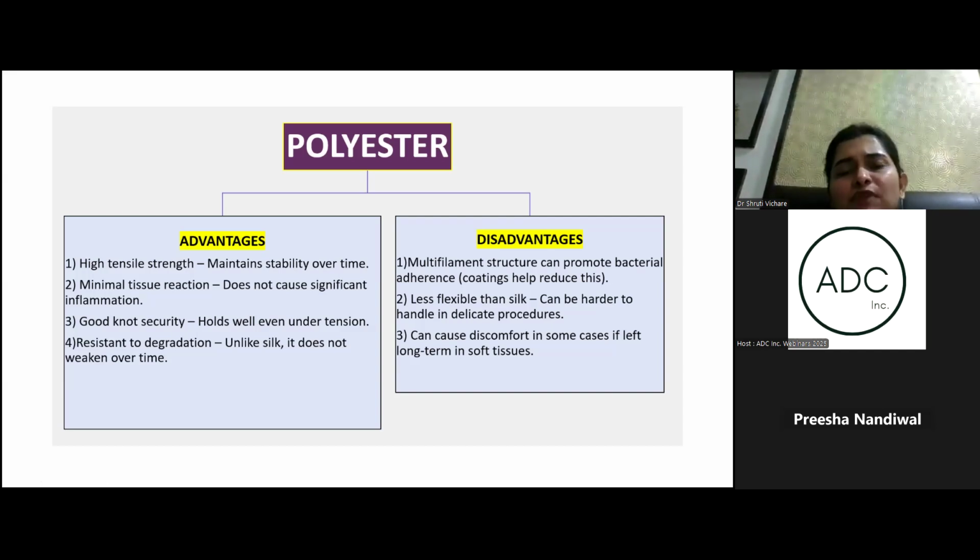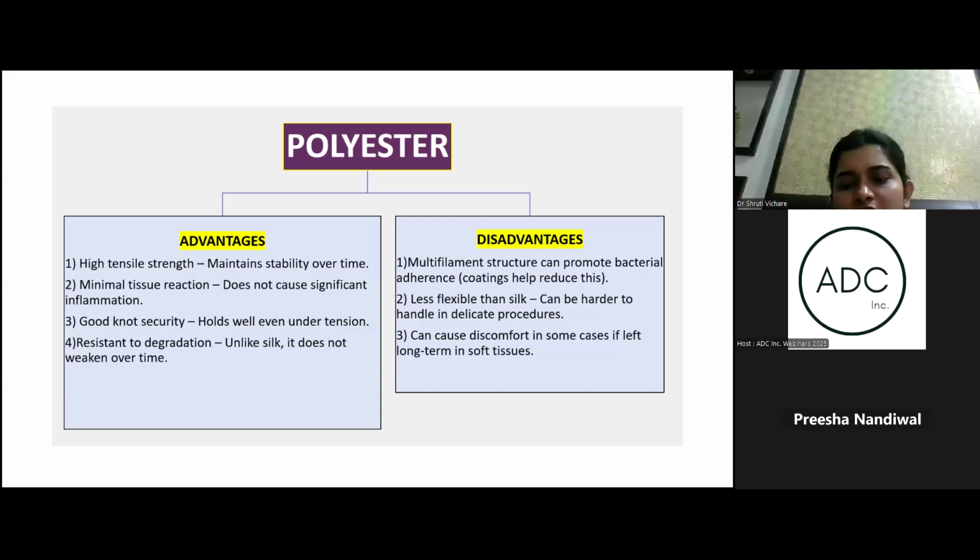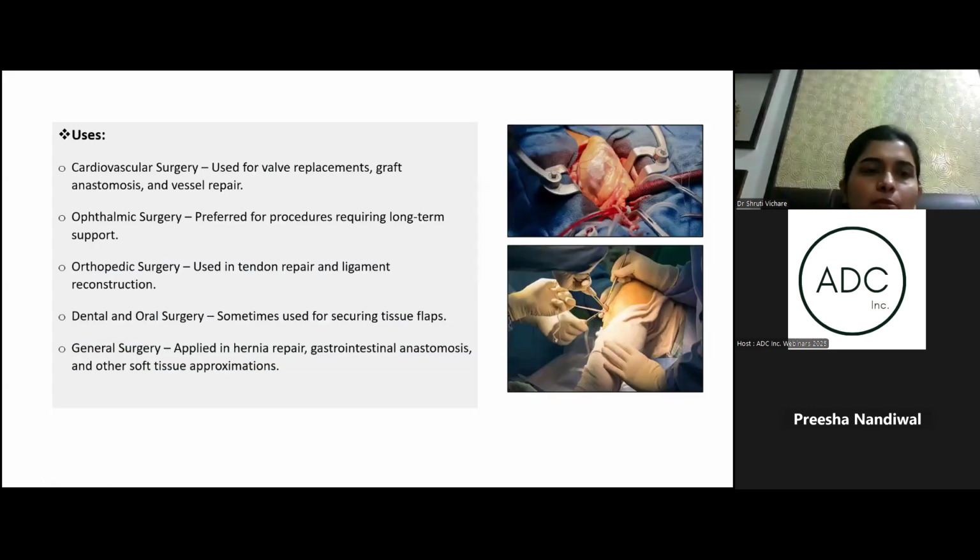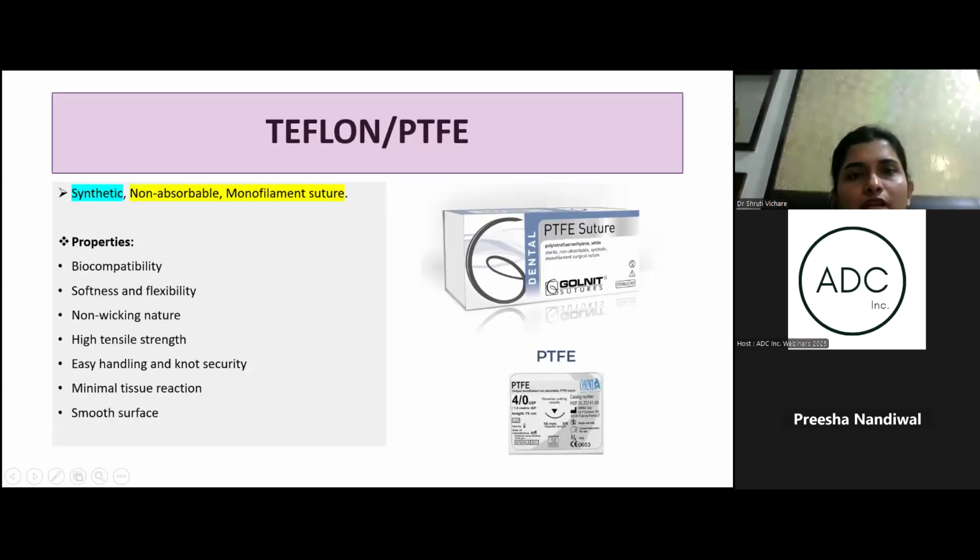Other than that, they are less flexible than silk sutures and they can cause discomfort because they are kind of stiff and less pliable than silk sutures. Therefore, they can create a little discomfort if they remain in place. So, as I mentioned in the beginning, sometimes used for securing flaps, very rarely. Okay, when you have other better options available, you don't have to go with these very strong sutures, which can be used in other medicine fields like your general surgery, orthopedic surgery, and all where they are very commonly used.